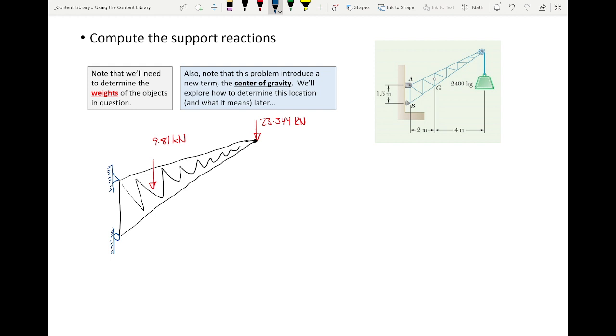And in terms of distances and directions, we know that this dimension here is 1.5 meters. We know that this dimension here and this dimension here are 2 meters and 4 meters respectively.